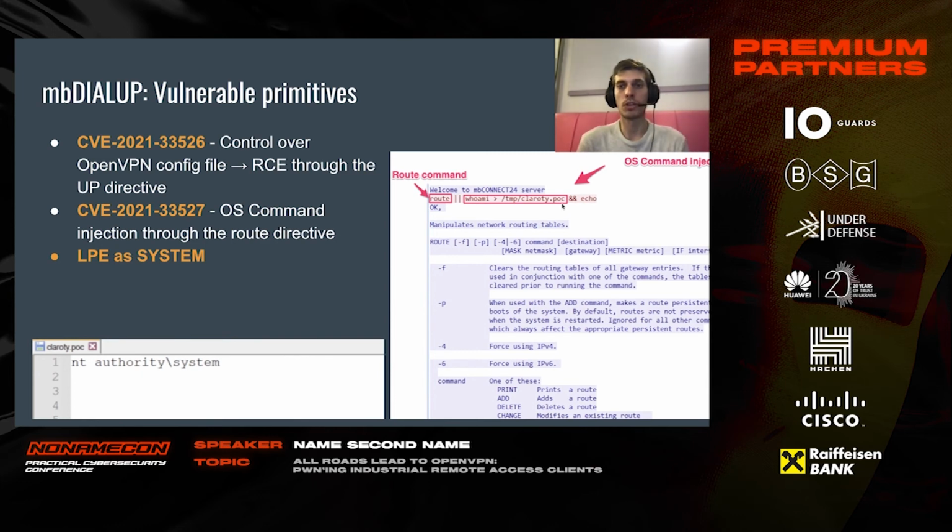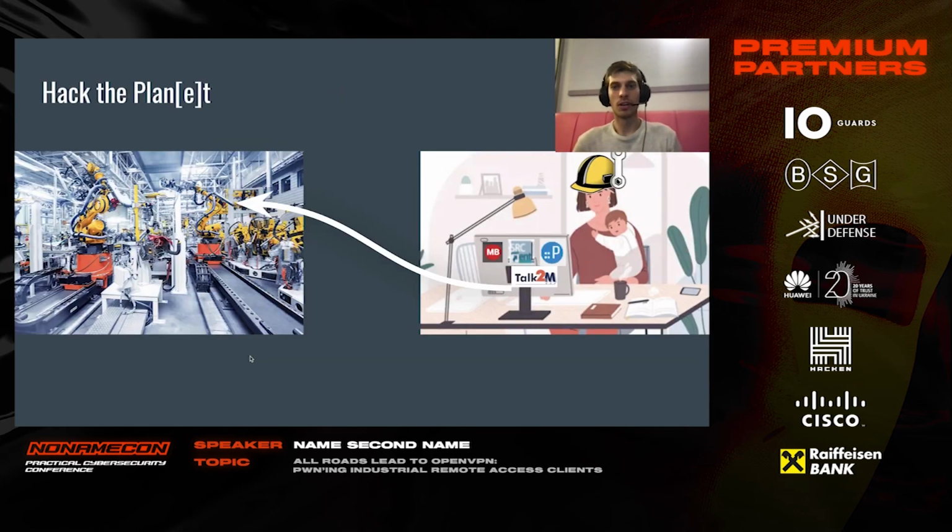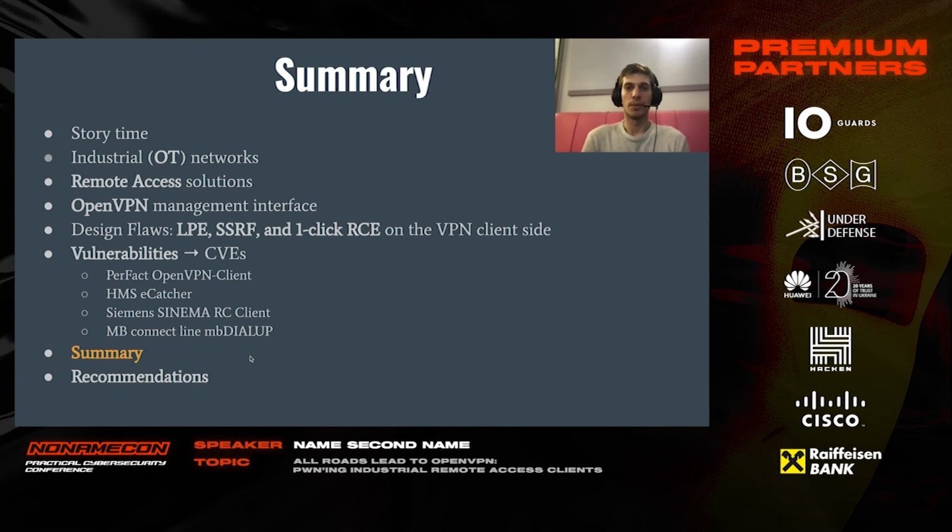So this is an OS command injection being injected into a legitimate command, and eventually we had a local privilege escalation because this backend service is running as a service with system privileges. So we had LPE here too. And now we have 4 logos. Finally, we exploited all four applications, VPN client applications from different vendors across the industrial control system domain, and we have reached our summary.